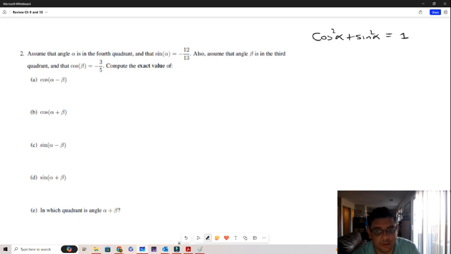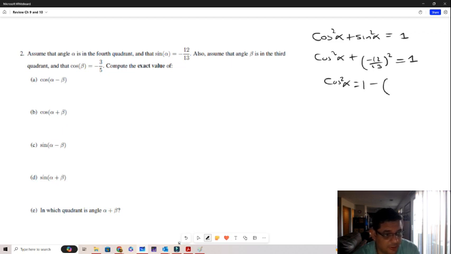So first here we have that sine of alpha is minus 12 over 13. So we can just write cosine square of alpha plus (minus 12 over 13) square equals 1. So cosine square of alpha is just going to be 1 minus 144 over 169. That's 12 square over 13 square. Now we are going to simplify this.